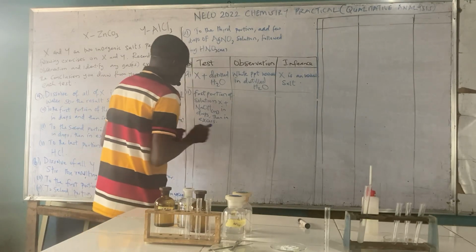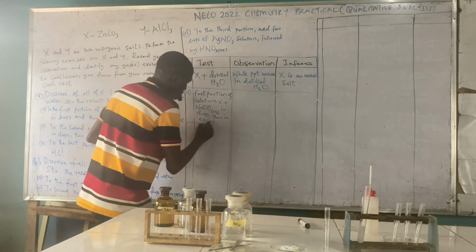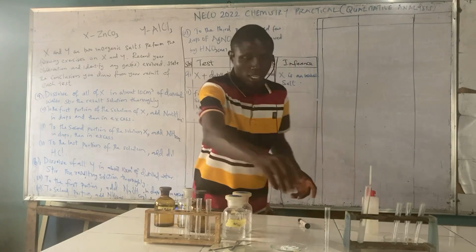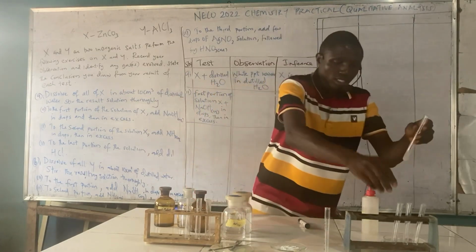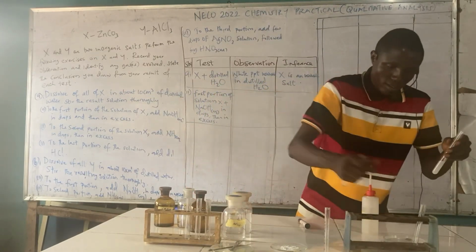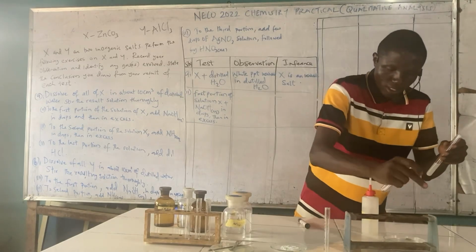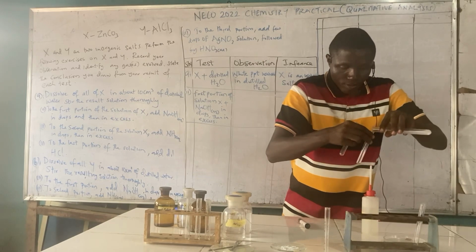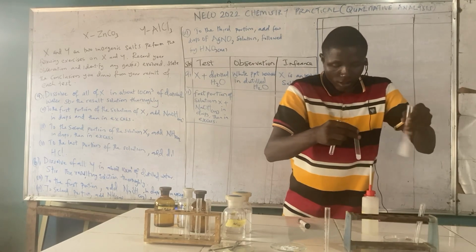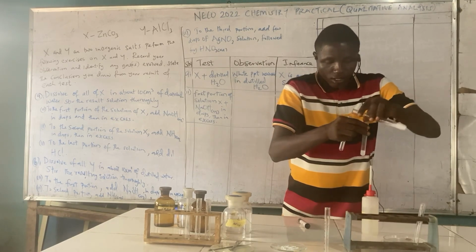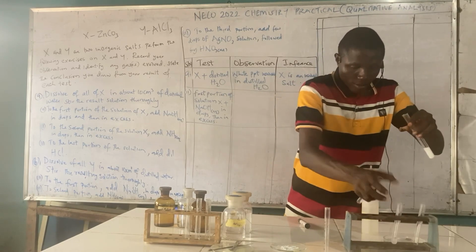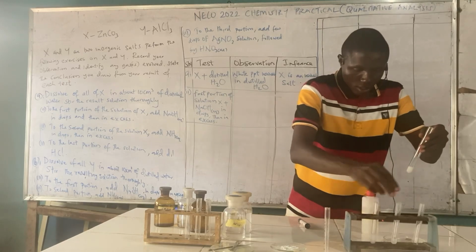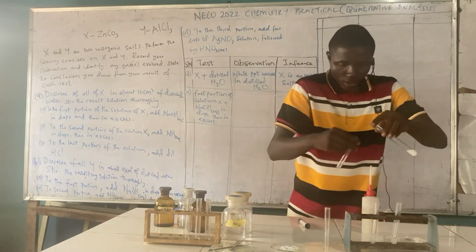So this is the next practical, the next analysis that we must carry out. Divide this into 3 portions. Trying to rinse to ensure that there's no water again inside this. So now, first portion, second portion, then the third portion.